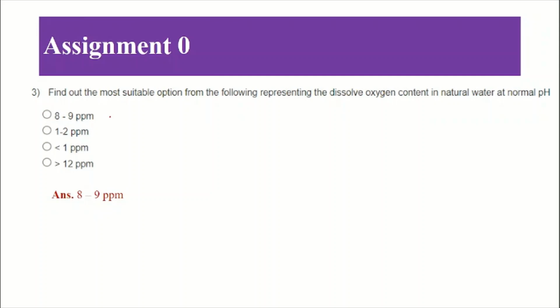So I'll tell you, it's called Henry's law. So Henry's law is basically the partial pressure of the gas equals Henry's constant into the mole fraction.